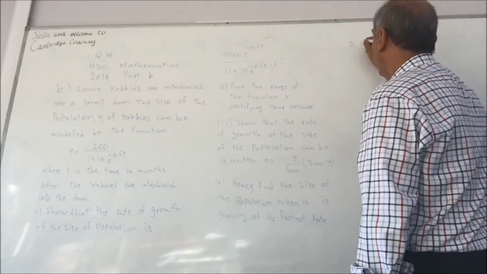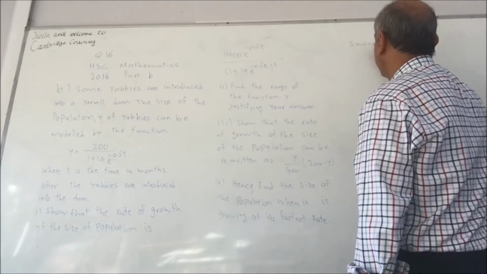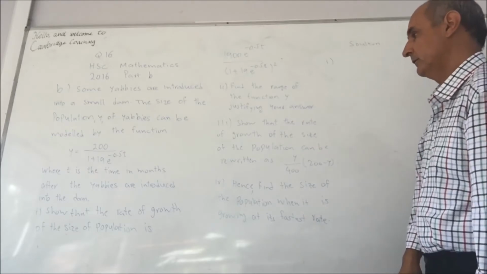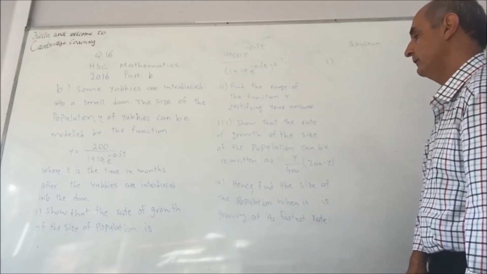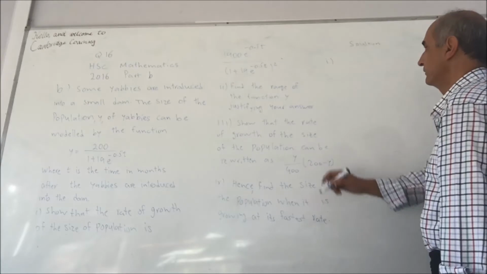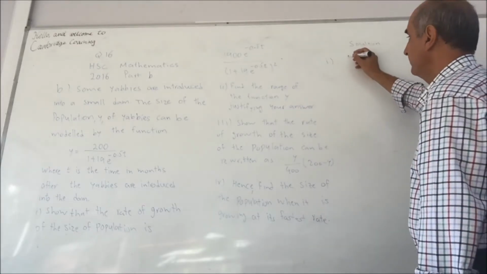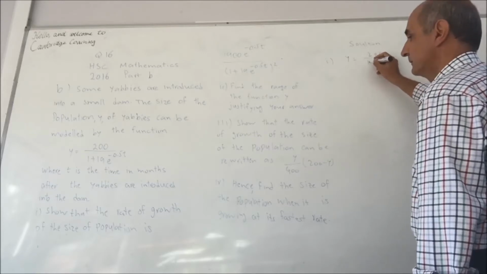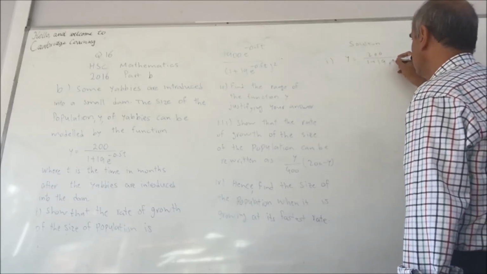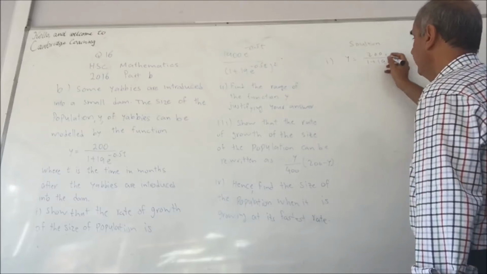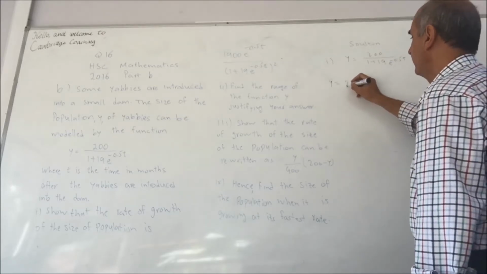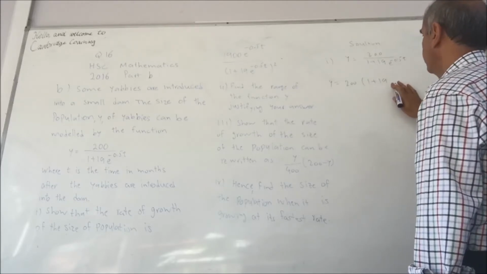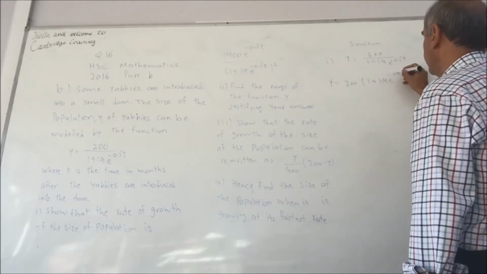For part 1, they are asking us to find the rate of growth of the population. So we have rate means derivative, so we differentiate. Again, I write this in the form of a power, so the denominator is written as a negative power.